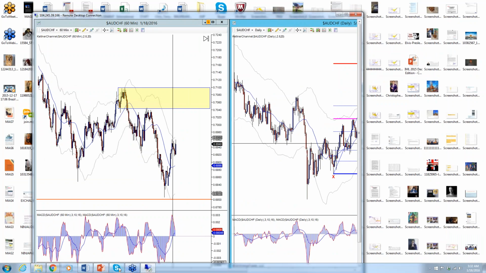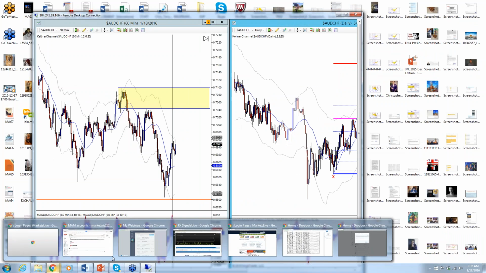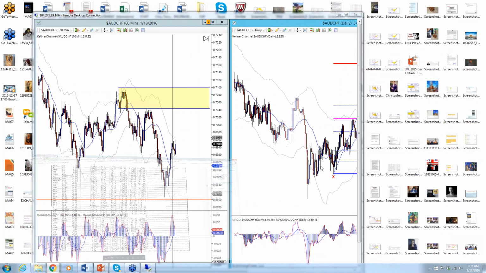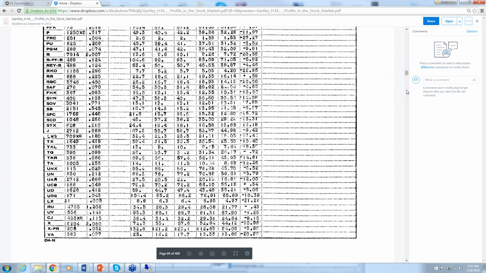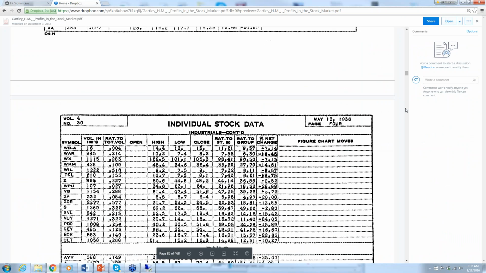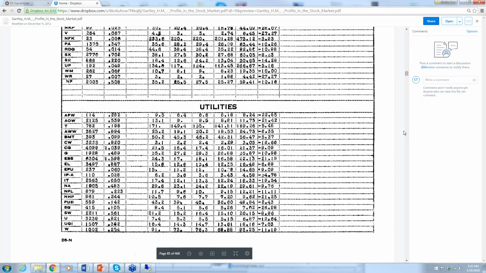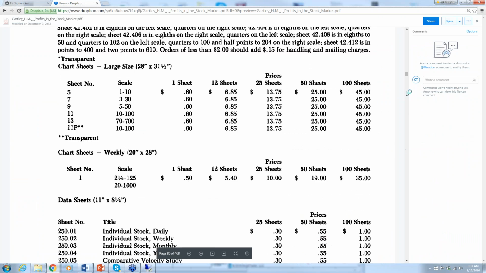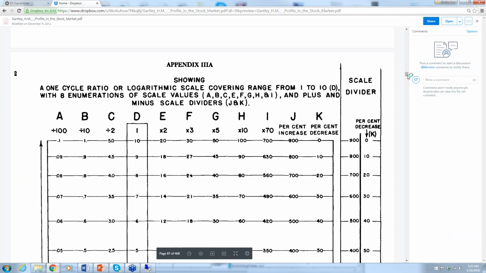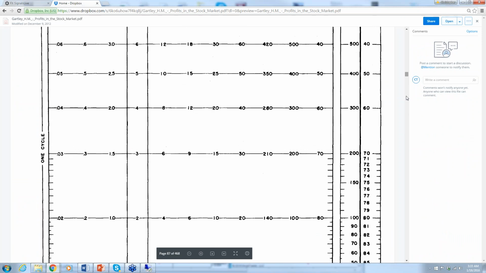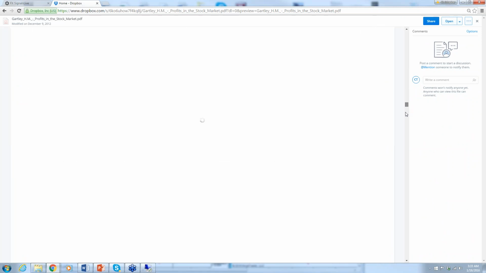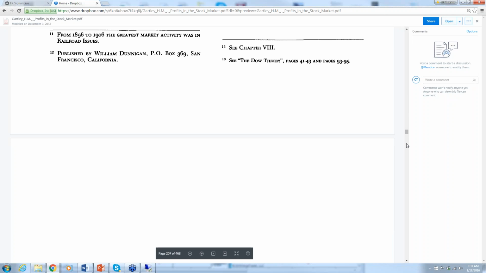So let's go back to that book. All right. Let's go back to Gartley. This book was written in like the 50s, maybe the 1950s. And let's see if we can get to the right pages. And I'll give you a little bit of brief history when I can get it there.